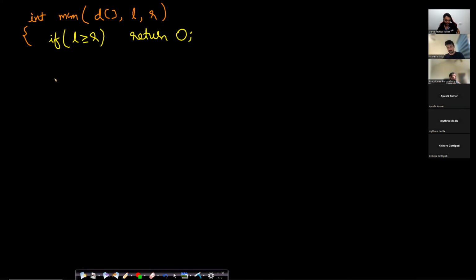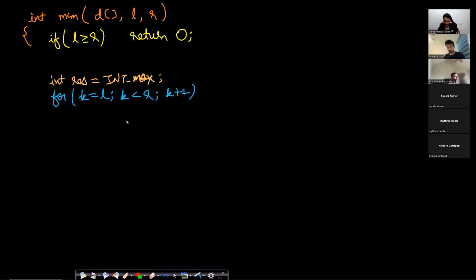Now we have to define a result. Let's define result equals integer maximum. This is the infinity value, whatever infinity value you want to take. Then we will run a simple for loop for k equals L to k less than R, k plus plus. We know this already.